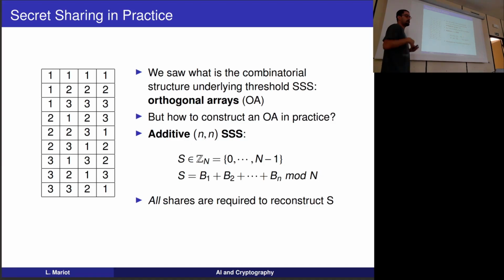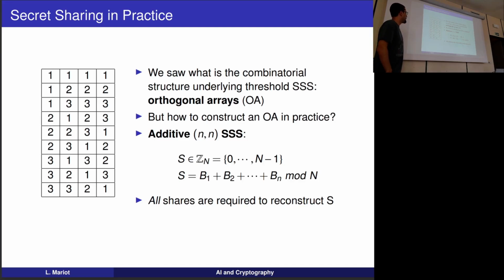And then from there, I will tell you what are the respective shares to distribute to the players. The idea is that this algorithm is going to sample, using those random numbers, one row in the orthogonal array, but it doesn't need to have the whole table, so it can compute it in an implicit way, in a certain sense.